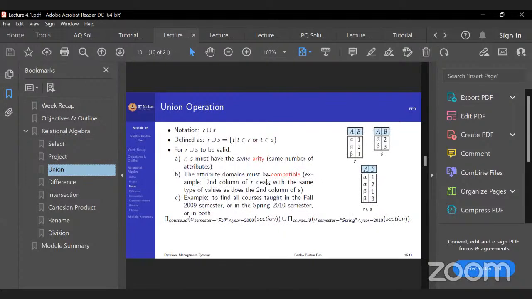You know the union operation is a set operation. Can anyone tell what is the set property?